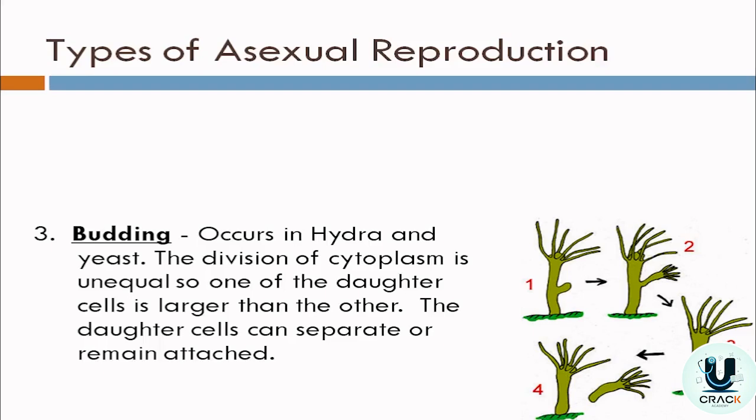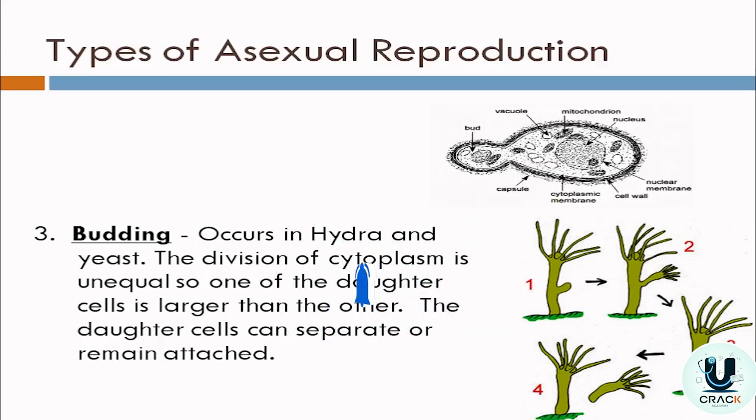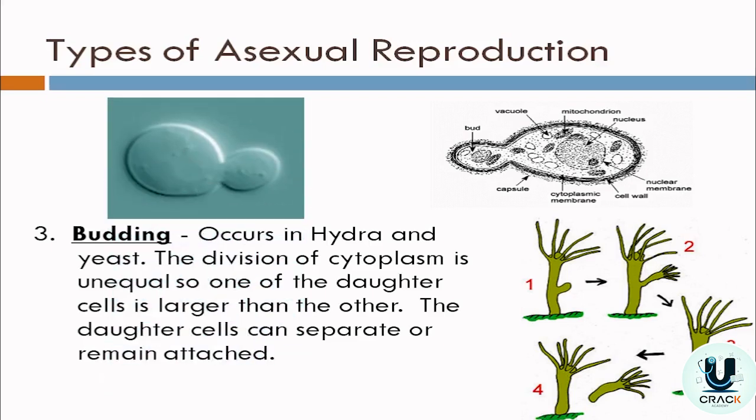In the fourth picture, you can see it is detached from the mother cell. The daughter cell has created a new individual. In the microscopic observation, even the parts are mentioned here: vacuoles, mitochondrion, nucleus, nuclear membrane, cell wall, cytoplasmic membrane, capsule.